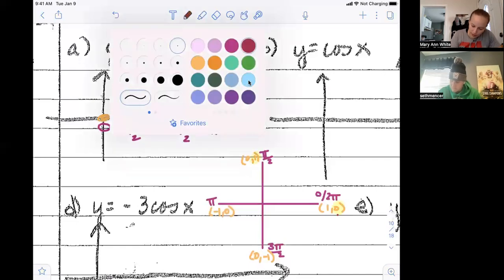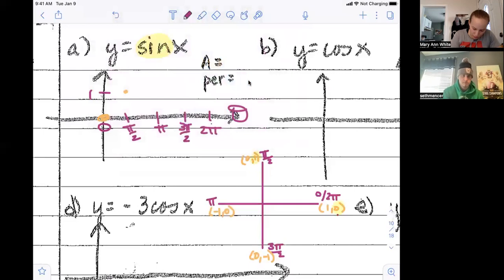We'll label the axes as 1 and -1. For pi, we hit 0 because that's our sine at pi. At 3 pi over 2, we go as low as -1 because that's what sine is there. And then at 2 pi, we're back to the beginning, so we're at 0.